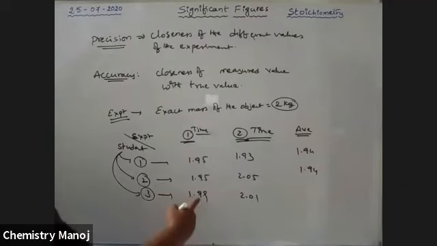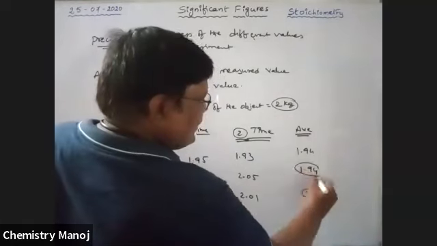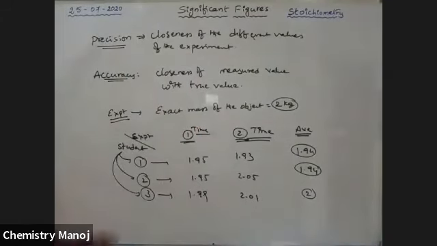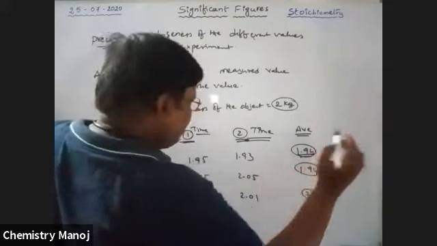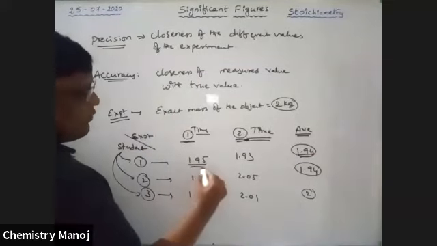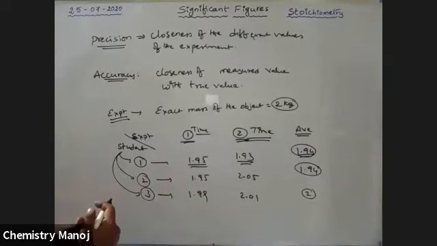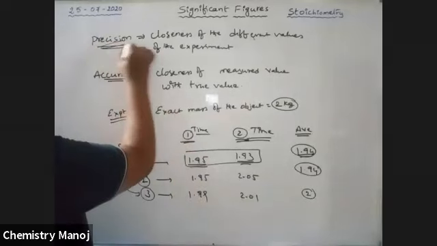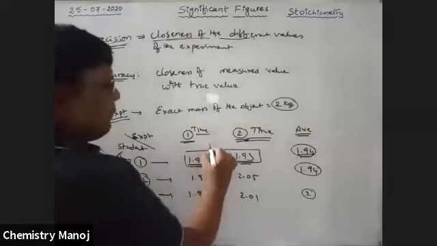Next, 1.99 and 2.01 give 2.00. These are the three values given by three students. First student, the value is 1.94. See here, 1.95 and 1.93 are very close to each other. That means these are precise values, closeness of the different values. So this is precise.